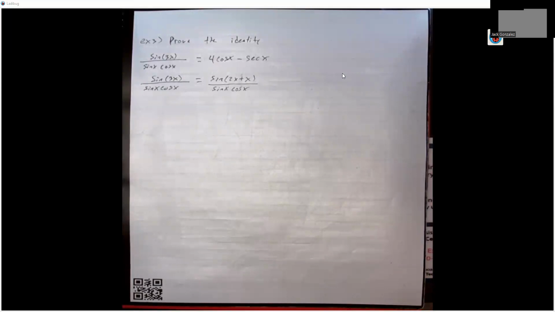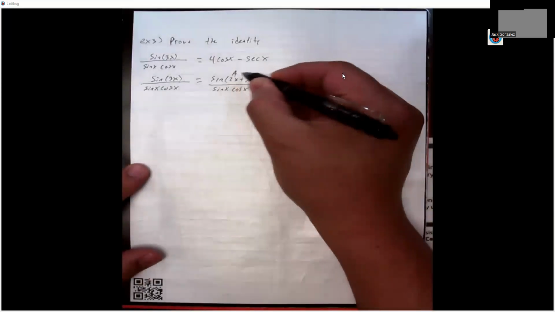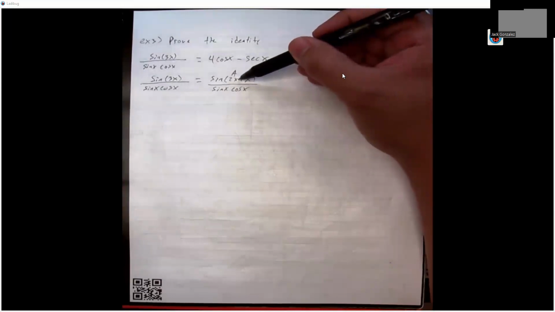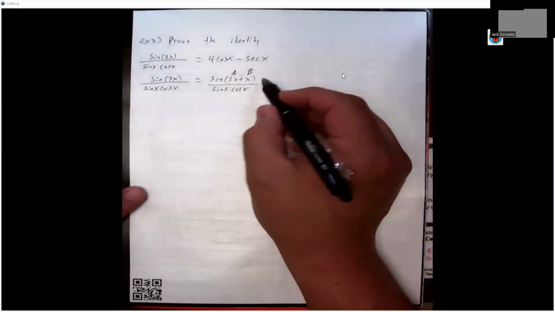So apply the sum. I purposely made an A and a B. Whenever you see a 3x or bigger, try to break it down into something that you know. Because we know we have 2x formulas, right? Double angles. That's why I did this. That's the logic. So first, apply the sum of angles formula.